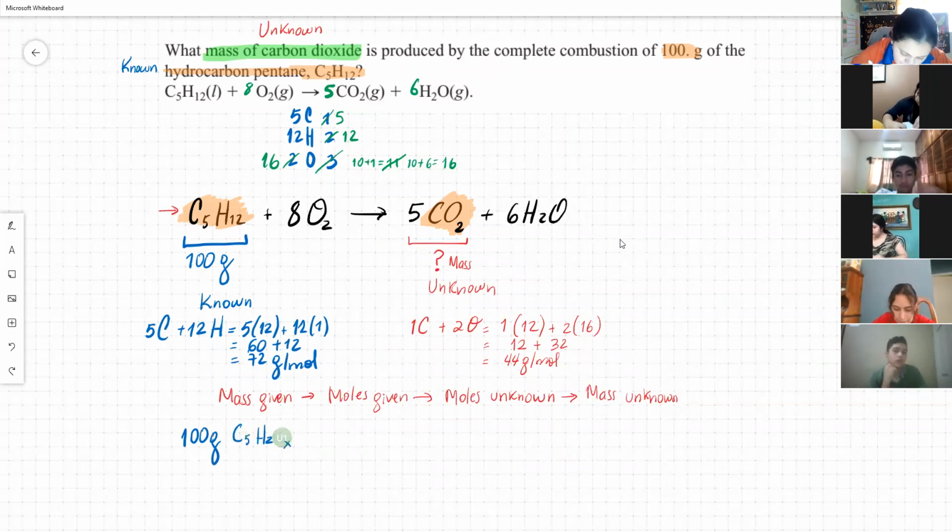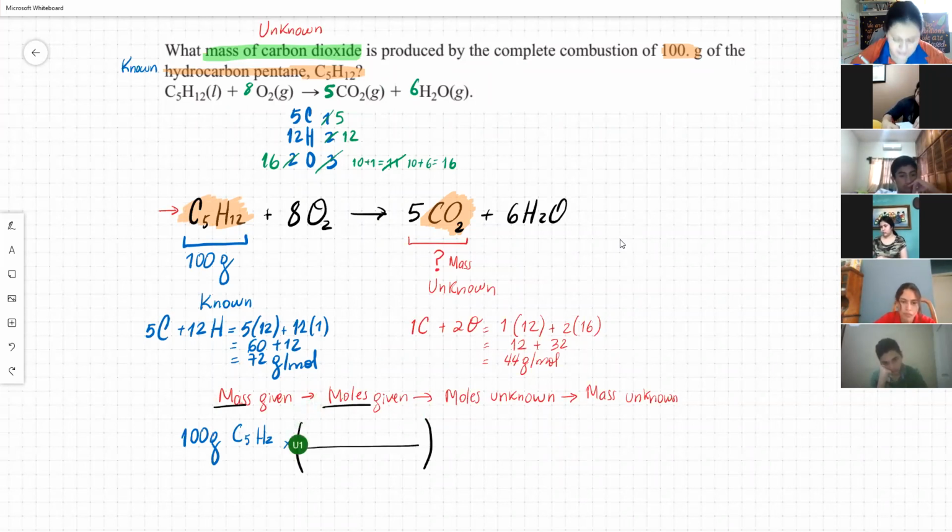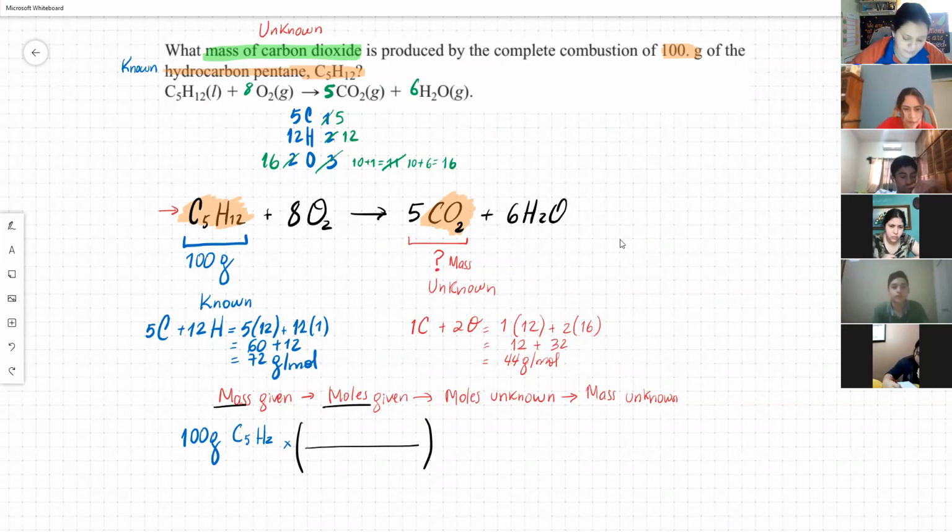So here, from mass to moles, what am I going to use? The molar mass. The molar mass of the given, right? So the molar mass of the given is this one, 72 grams per mole.